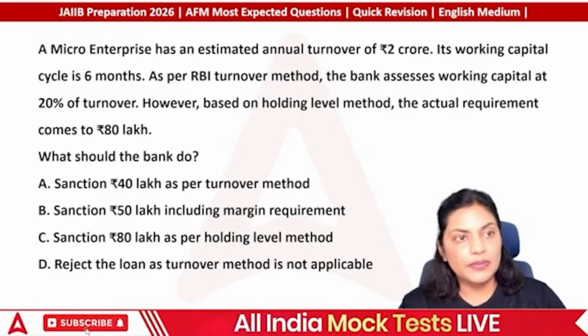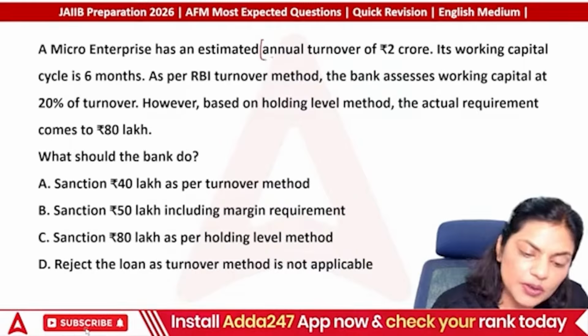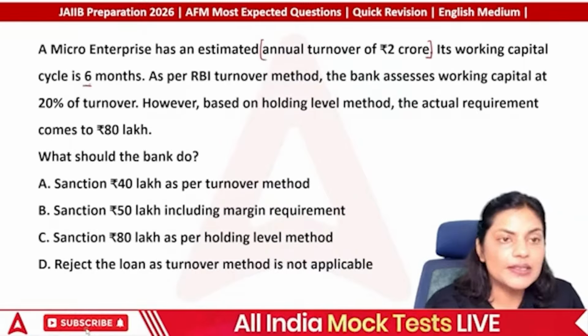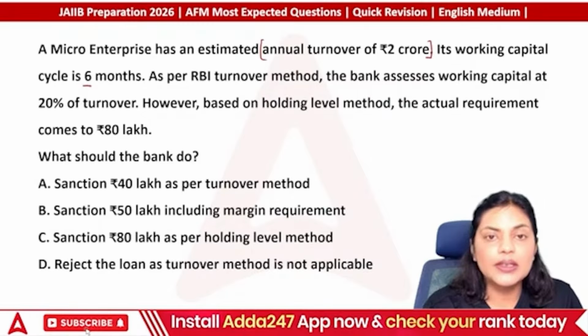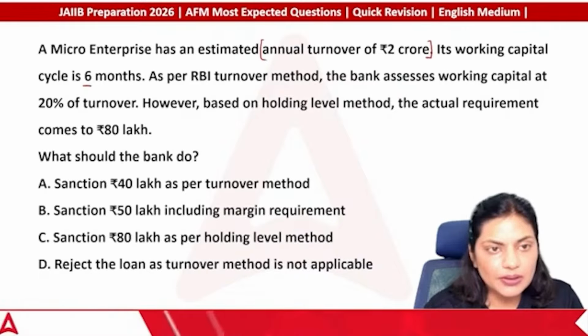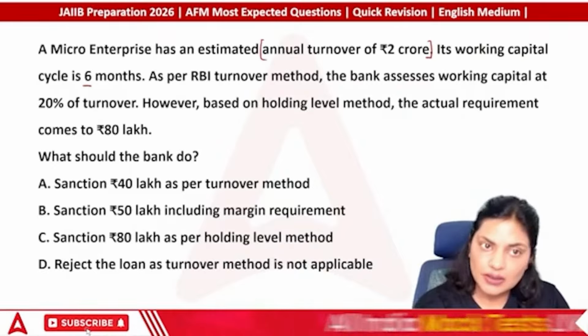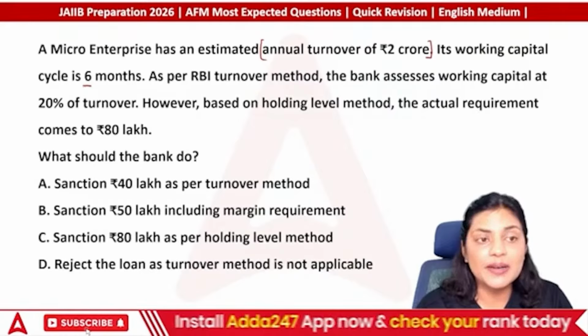Now see, an enterprise has an annual turnover of 2 crore, correct? Working capital cycle is 6 months. So as per the RBI turnover method, the bank assesses working capital at 20% of turnover, correct? However, based on the holding level method, the actual requirement comes to 80 lakh.